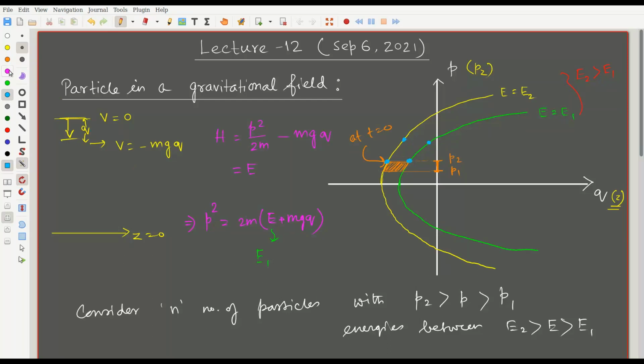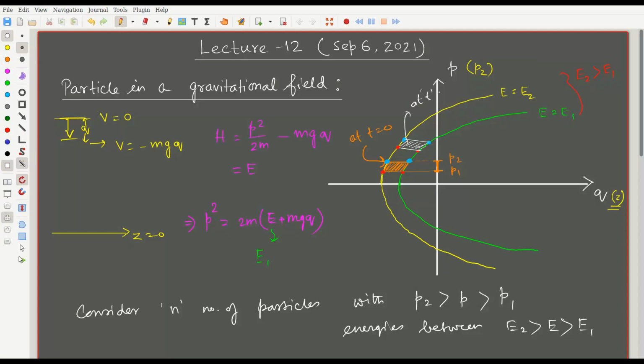The other points, this point will go here, and this will go there. So the particles which were enclosed in that orange area will now be shifted to this white area. So this is at T.